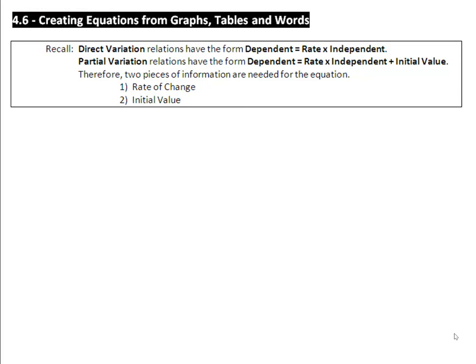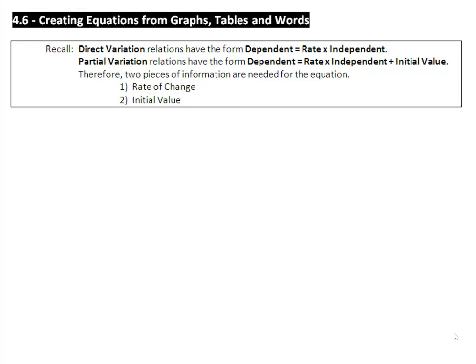Recall direct variation relations have the form dependent equals rate times independent. Partial variation, very similar to that, has dependent equals rate times independent plus your initial value. So there are two pieces of information that you need for an equation of a linear relation.